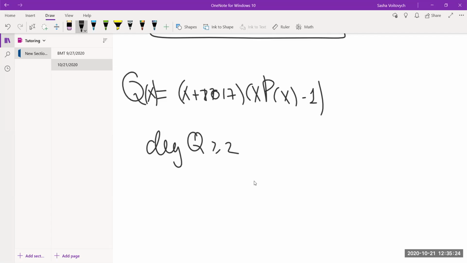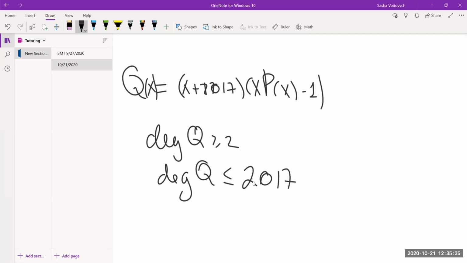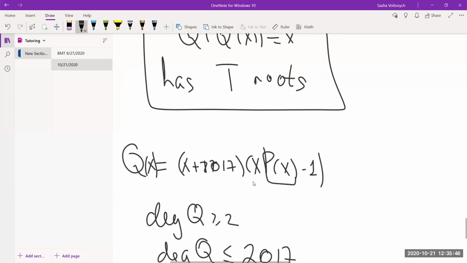And the degree of q is also less than or equal to 2017, because the degree of p of x is less than or equal to 2015. So we multiply by x and by x again, which gives us an upper bound of 2017.